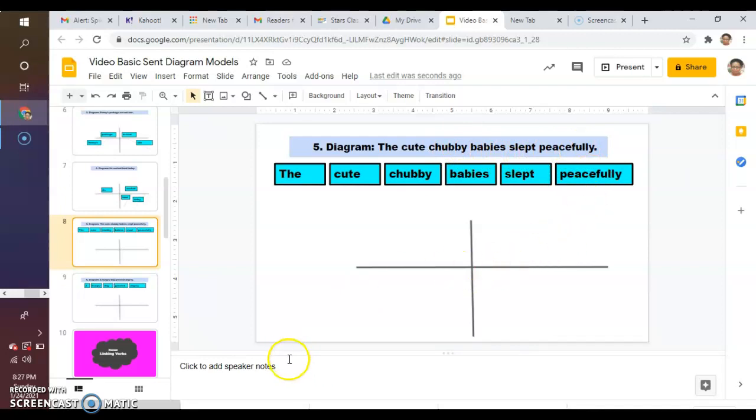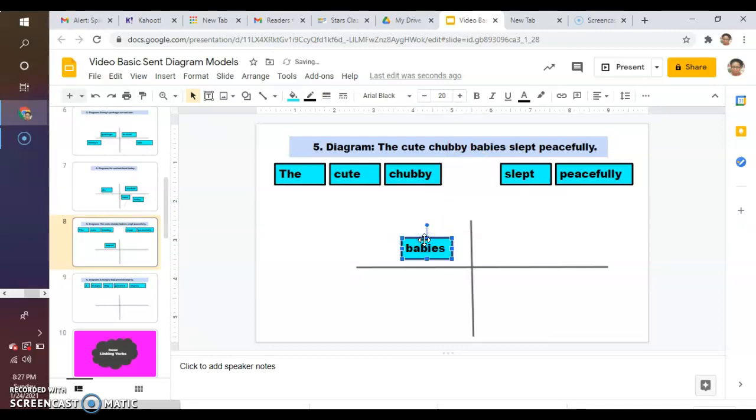All right, so what is the sentence about? So it's about the baby, right? So I'm going to put baby here. That's the subject. So what did the baby do? That's going to be the verb. They slept.